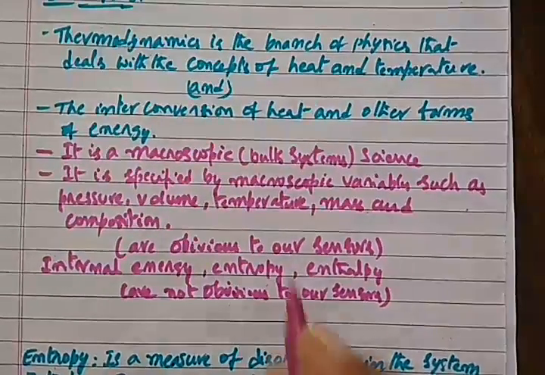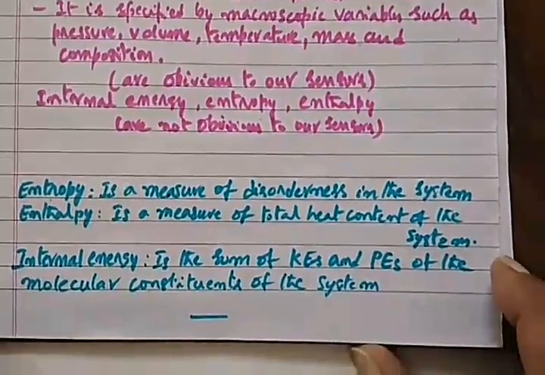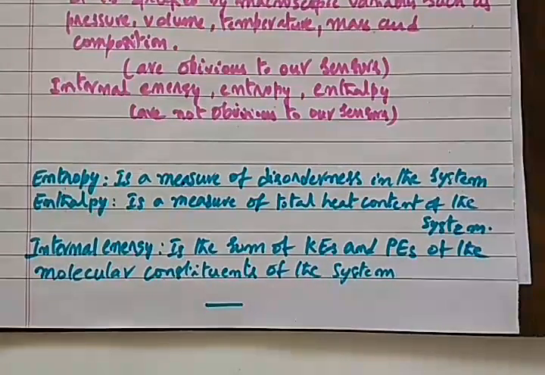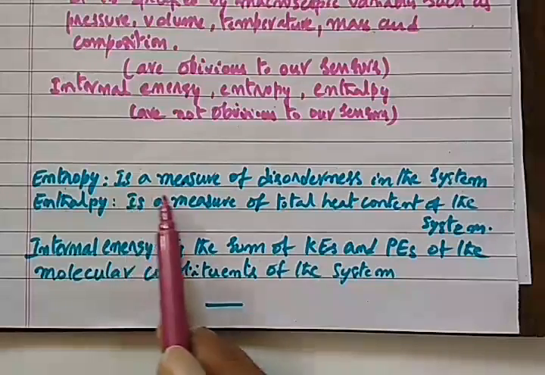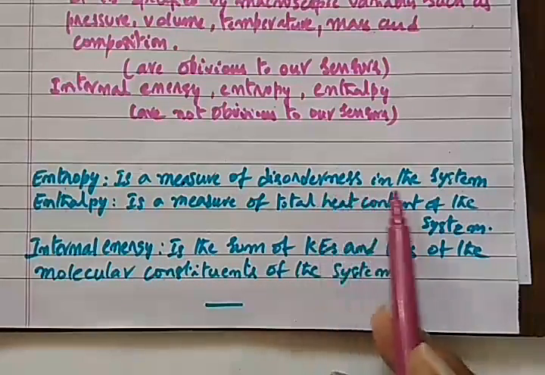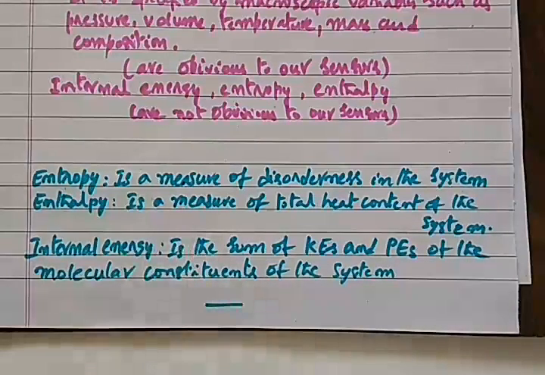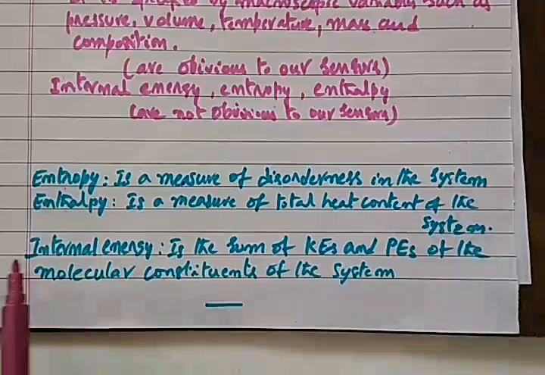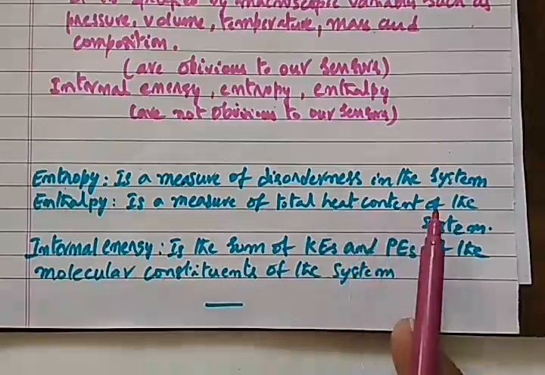So there are things which we are going to study in detail. Let me just give definitions of these things which we cannot sense. Entropy is a measure of disorderness, not orderliness, in the system. This we will study in detail. Enthalpy is a measure of the total heat content of the system.